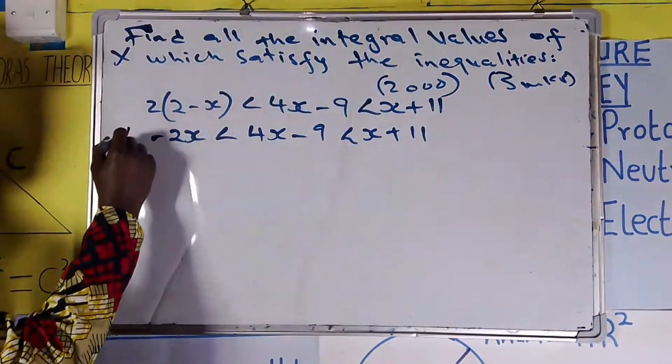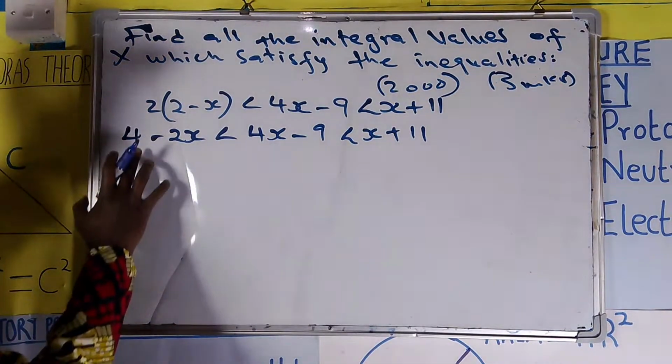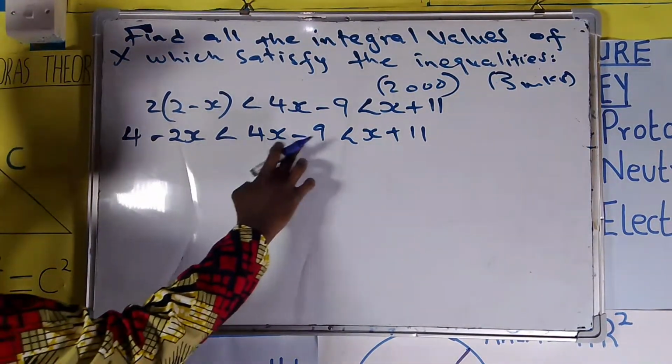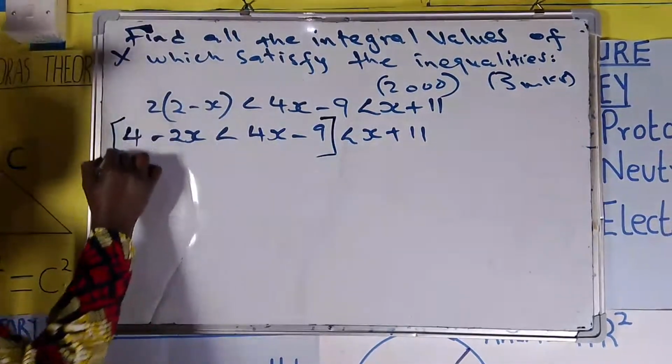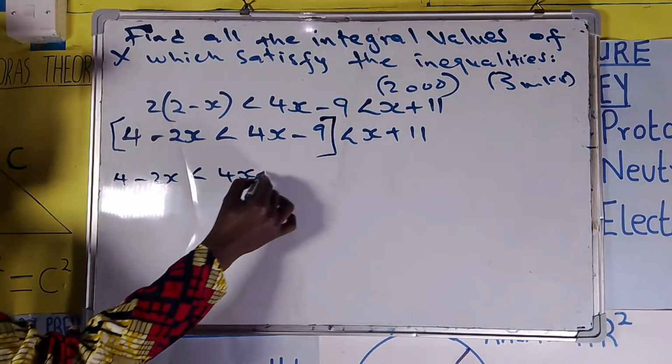So what we are going to do, tulisema tuna hold mbili mbili. 4 minus 2x is less than 4x minus 9. So hiyo itaishia hapo.